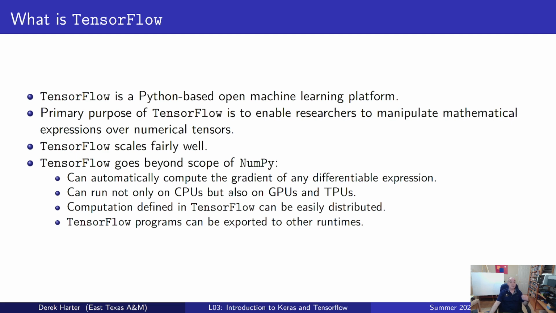Another big difference is that TensorFlow supports different kinds of back-end computation: CPU, GPU, and TPU. GPUs are graphical processing units. TPUs are tensor processing units that Google and some other places are trying to develop.